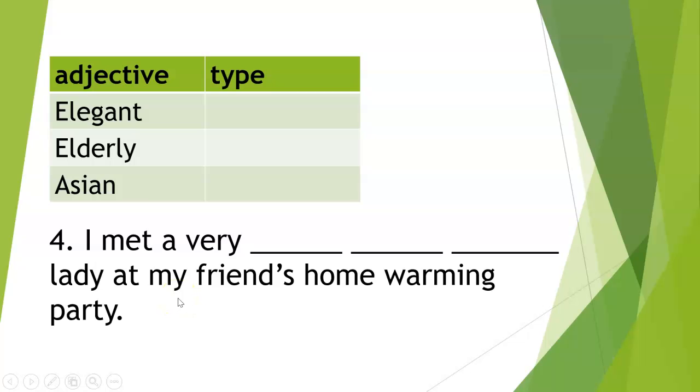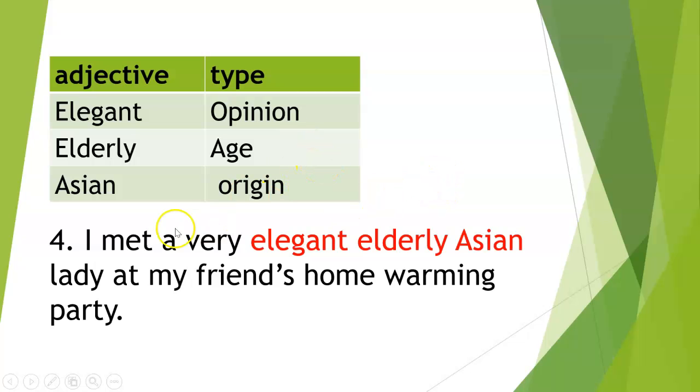So again, the first thing we want to do is think about what kind of adjectives are these. And we can see that elegant is opinion, elderly is age, Asian is origin. So when we put them into order, we're going to begin with this one, then this one, and then this one. So it would look like this. I met a very elegant, elderly Asian lady at my friend's home warming party.